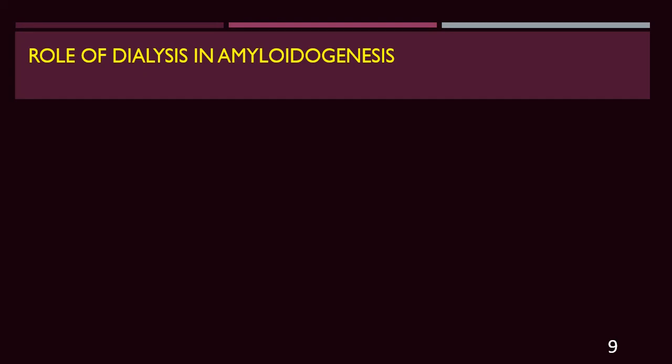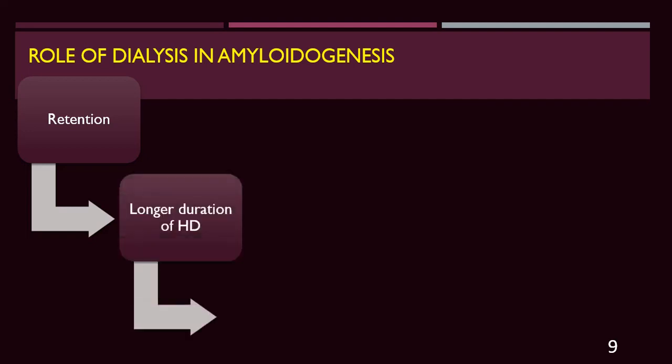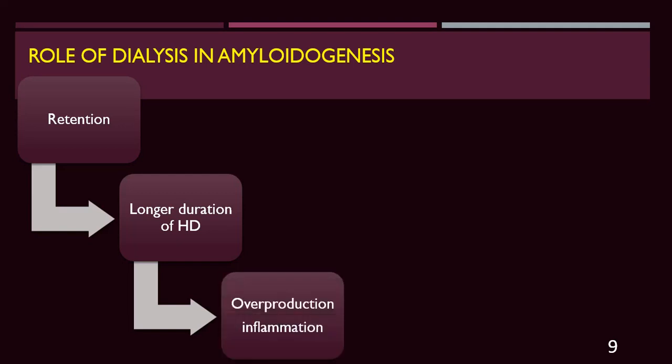Regarding the role of dialysis in amyloidogenesis, we have retention from bad excretion by the kidneys, followed by longer duration of hemodialysis, and overproduction and inflammation from hemodialysis itself, like impurities in water or bioincompatible dialyzers and membranes.